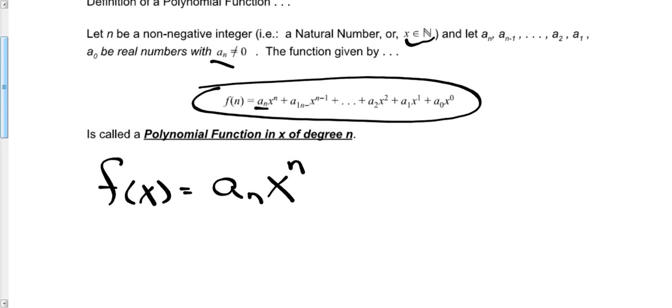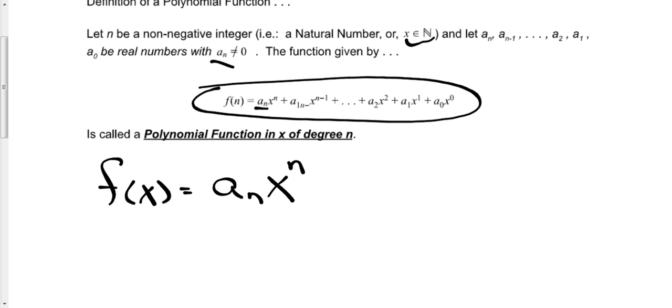So remember, n has to be positive and whole. It has to be a whole number, and it has to be positive. So this can't be 1/2 or 1/3 or pi or e or anything like that. It has to be a whole positive number.